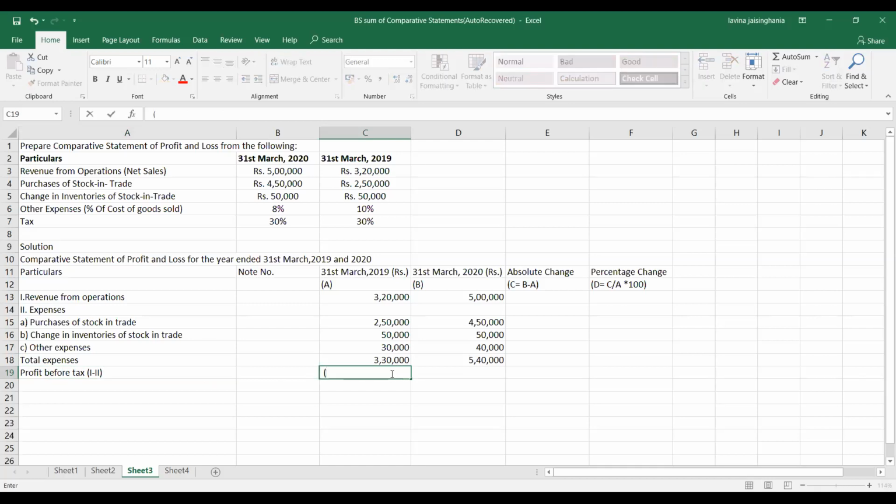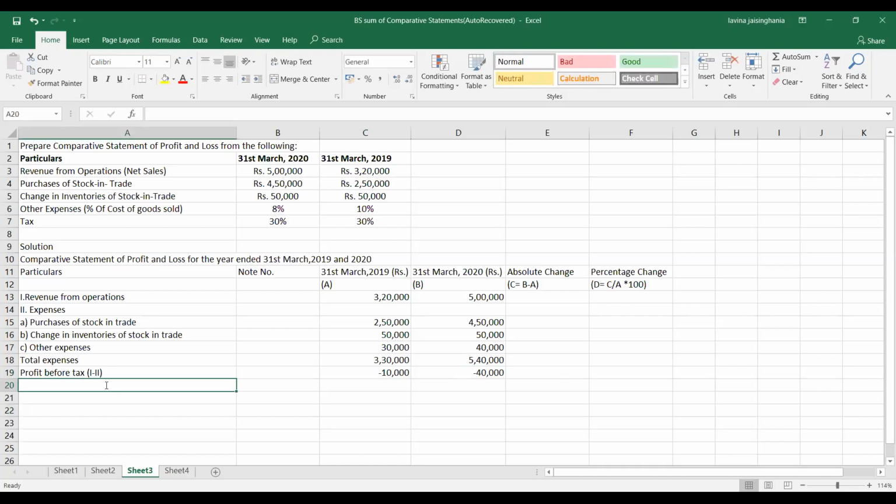So write down in brackets 10,000. Similarly here, this is taking a negative value directly; in notebooks you have to write it in brackets. Here 5 lakh minus 5,40,000 will give you 40,000, so write down in brackets 40,000. This is profit before tax.